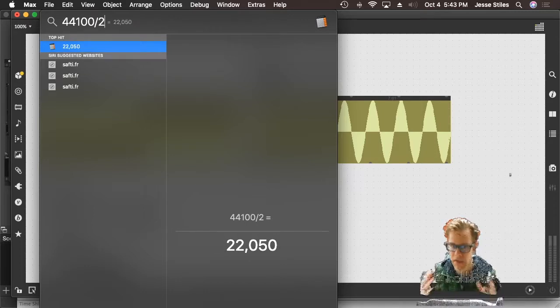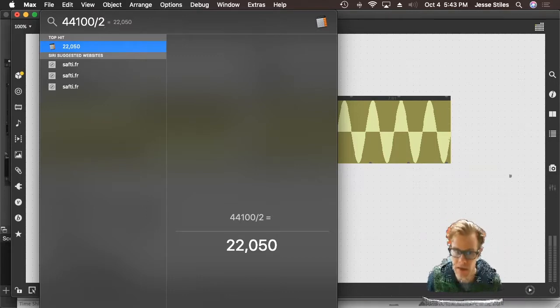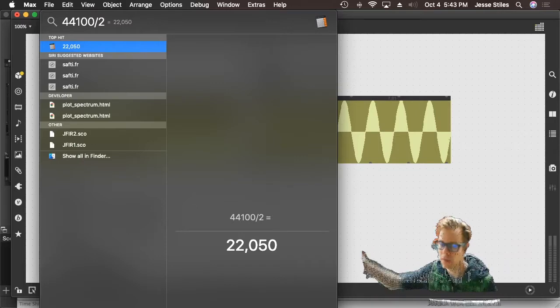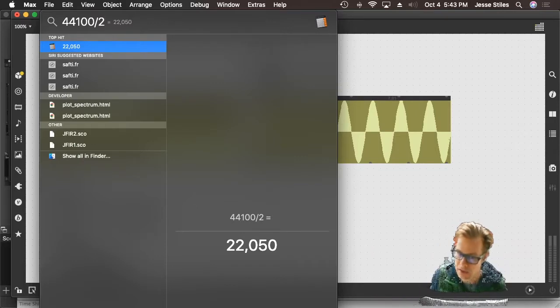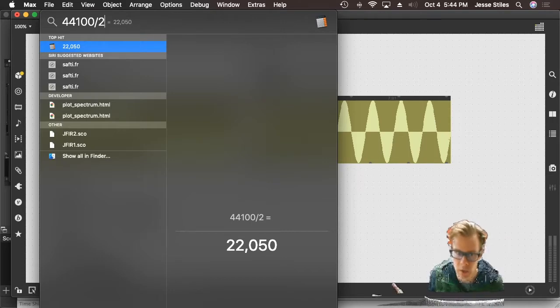So our sampling rate is set to 44,100 because we want to be able to describe signals that go up to 1/2 of that value, 22,050 cycles per second. That's the whole range of human hearing in terms of frequencies.